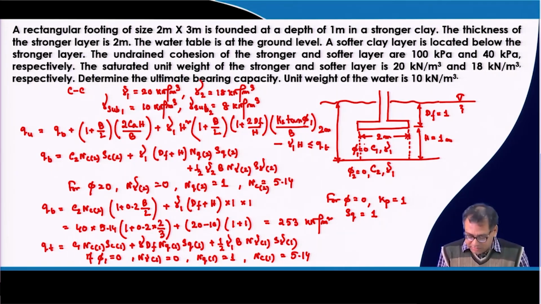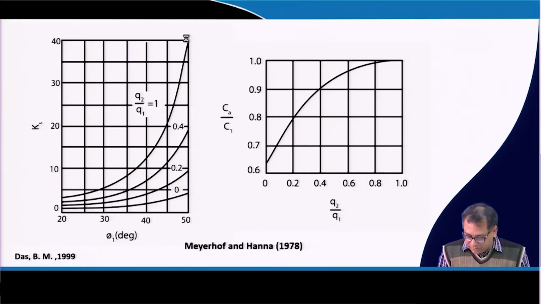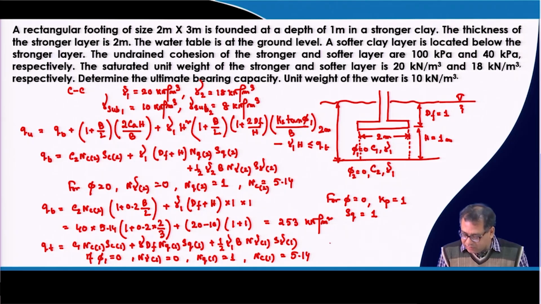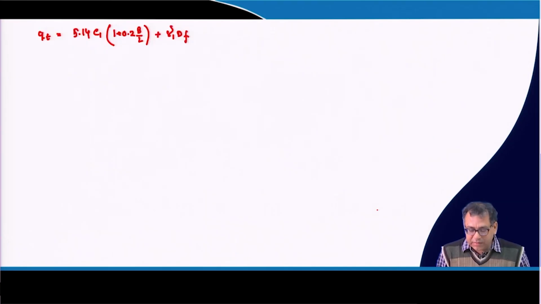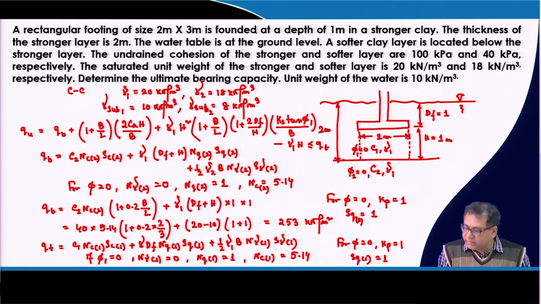So, now this is the equation. Finally, I can write this is the safe factor and then gamma 1 into df. Again, for phi equal to 0, Kp equal to 1, so SQ1 will be equal to 1. Similarly, SQ2 is equal to 1 also. So, df into that part is 1. Then 5.14 C1, where C1 is 100 and C2 is given as 40 kPa.